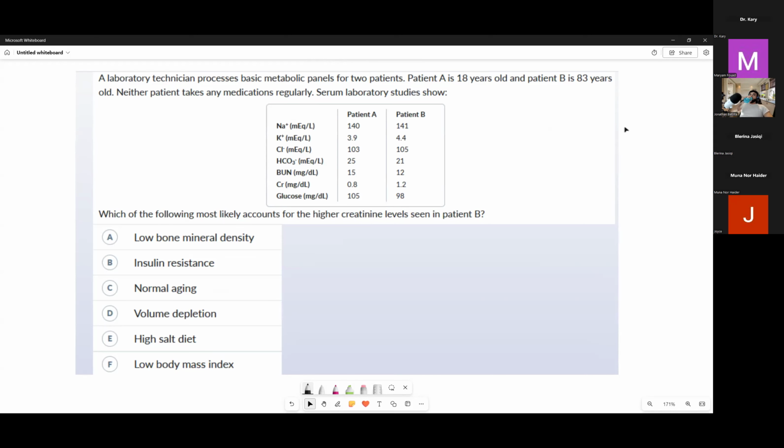Serum lab studies show patient A's sodium is fine, potassium is fine, chloride, I'm not sure if it's a little bit high, I can't remember the range. BUN is okay. Creatinine, patient B is a little bit high. And glucose is fine. Everything is normal. Which of the following most likely accounts for the higher creatinine levels in patient B?